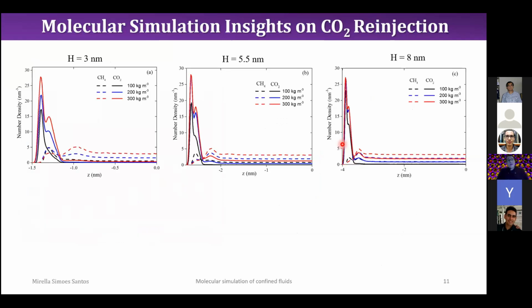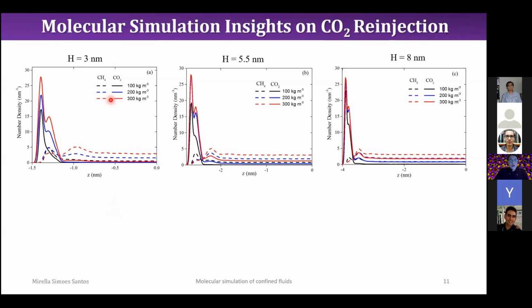And finally, for this work, we also analyzed the effects of the pore sizes. So here we have 3 different pore sizes, keeping the same information about temperature and mole fraction of CO2 and methane.